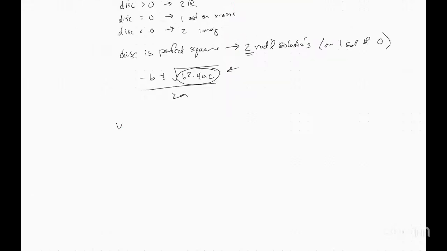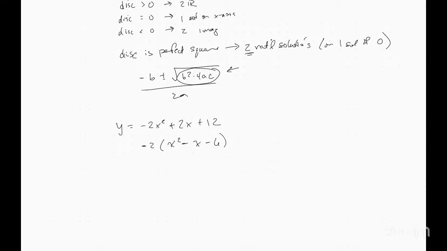So factor out a -2. That would be x squared minus x minus 6, right? So that factors into -3 and +2.